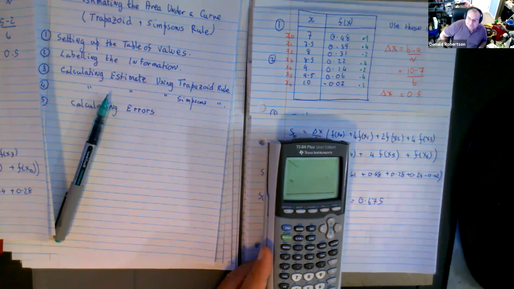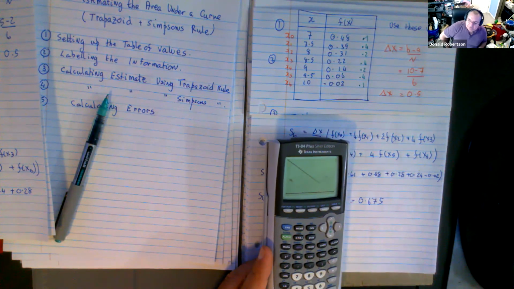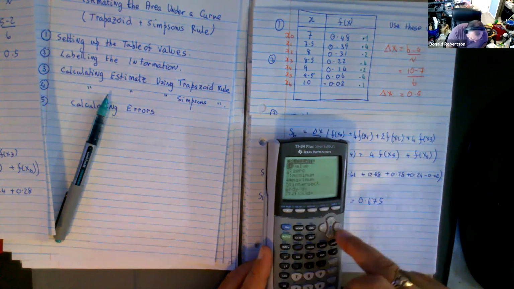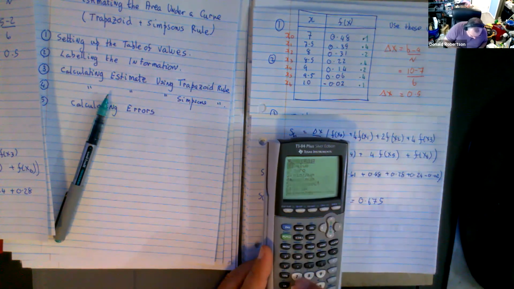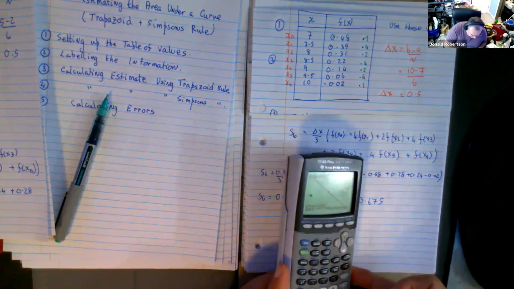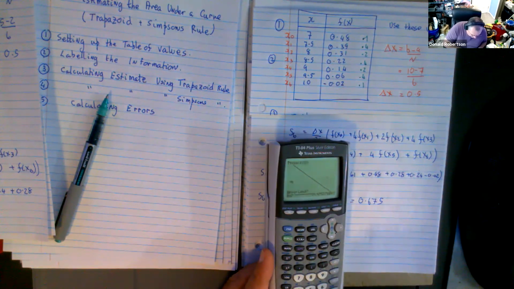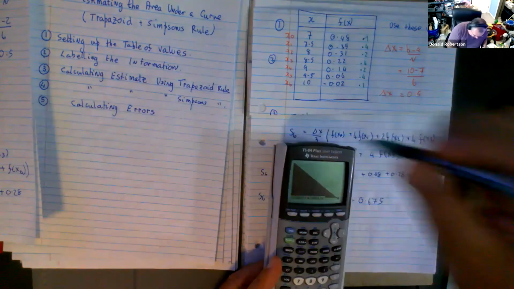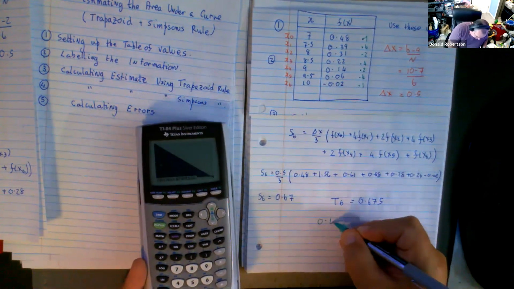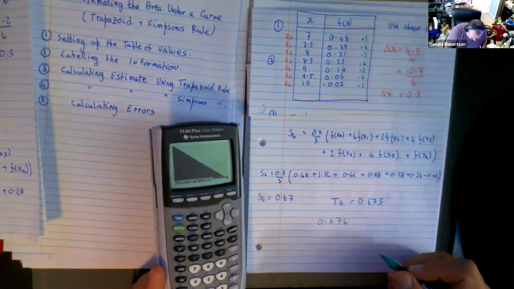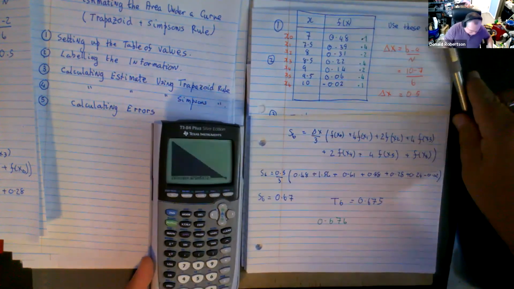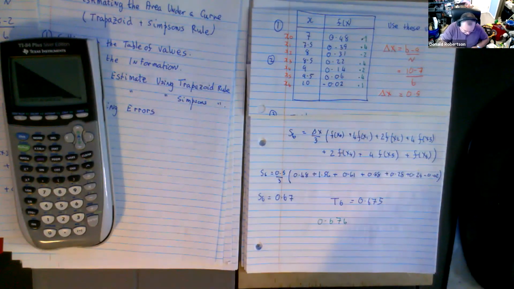There we go. And it's not a very interesting graph, but you see it. You can then do second calc, choose number 7, tell it to start at 7, to finish at an x value of 10. There's the area under the curve, and the answer is 0.676. Just to prove me wrong, that's actually a better answer. But it is what it is.